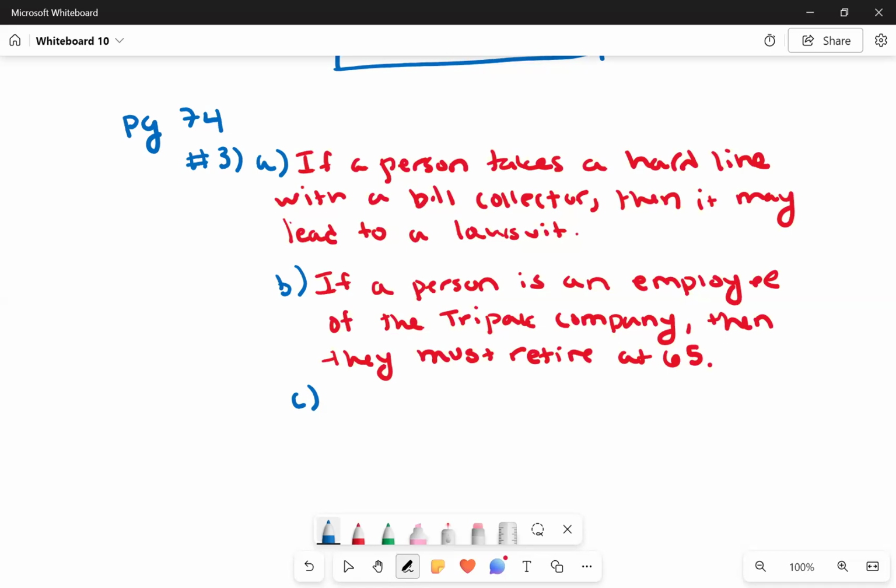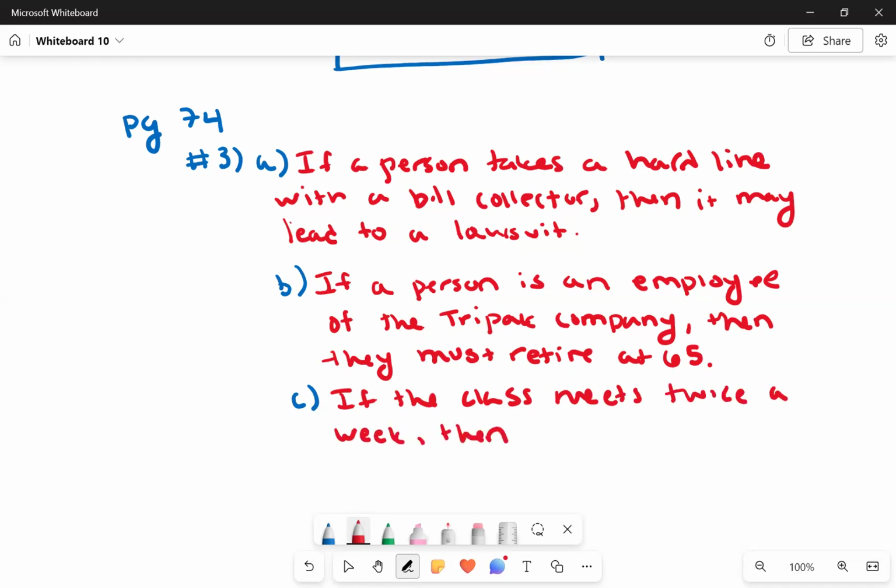But thankfully, this one sets it up for us a little bit because it has the if in there. So if the class meets only once a week, if that occurs, then it will be in a 2-hour format.